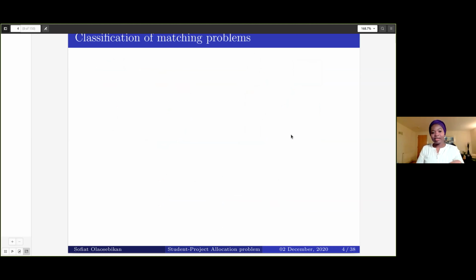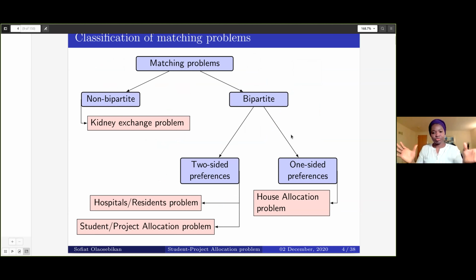However, based on the kind of problem we are dealing with, we can classify matching problems into two. So we have non-bipartite and bipartite. For the kidney exchange, it's a non-bipartite graph model. And for the hospitals residents, it's bipartite with two-sided preferences. And what that means is that both the residents and the hospitals have preferences.